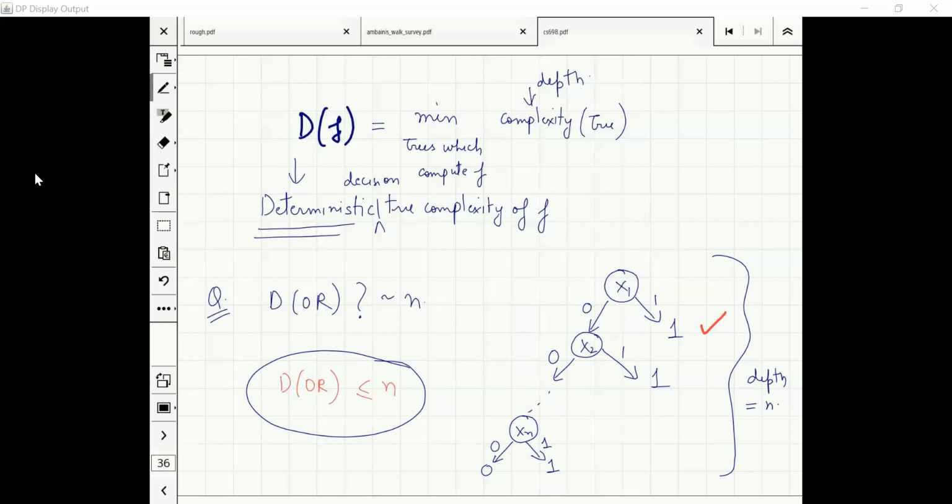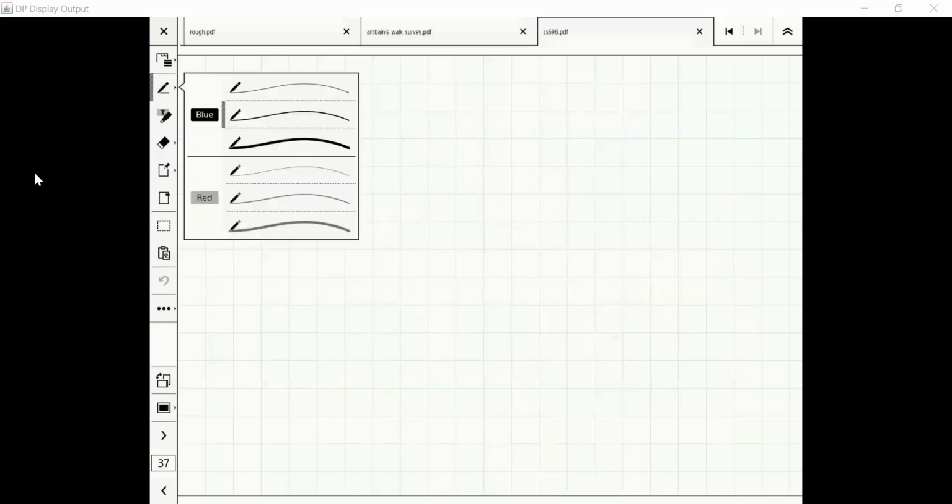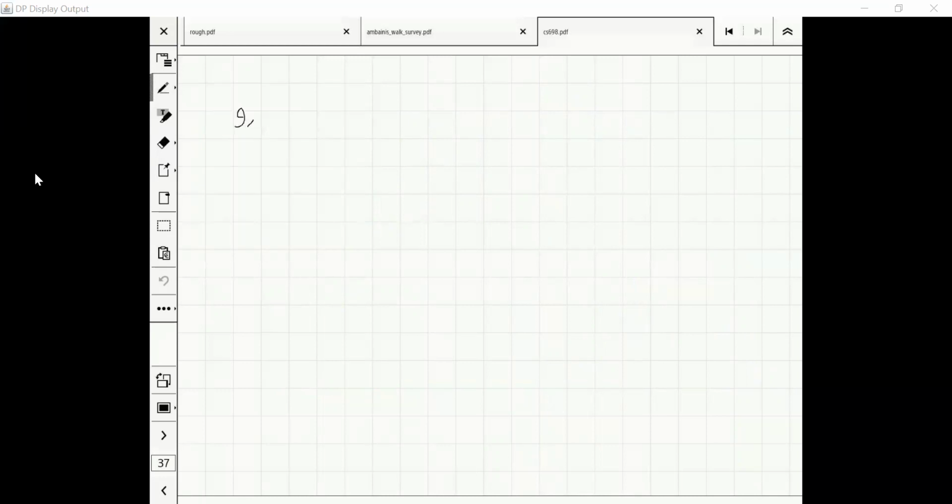But then any reasonable complexity theoretic person would ask the next question: is this tight? Can we show that D(OR) is actually greater than or equal to n? This is the lower bound, which is most of the time the difficult part.